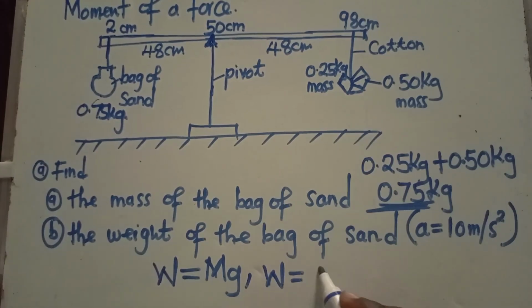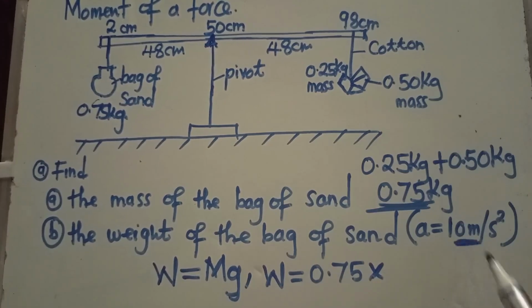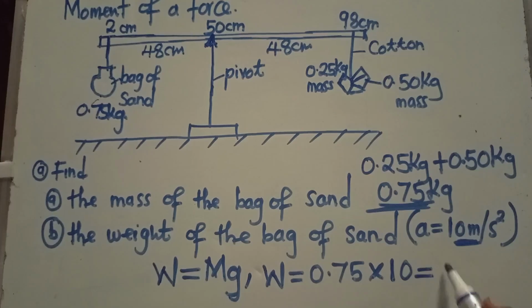The mass we are given is 0.75, times gravity. The acceleration due to gravity we are given is 10, which is equal to 7.5 newtons. This is the answer. This question was just there to test your knowledge, to see if you've understood these concepts.